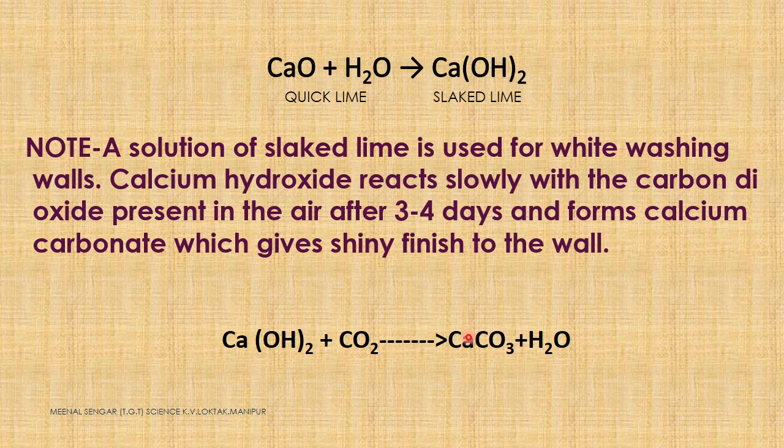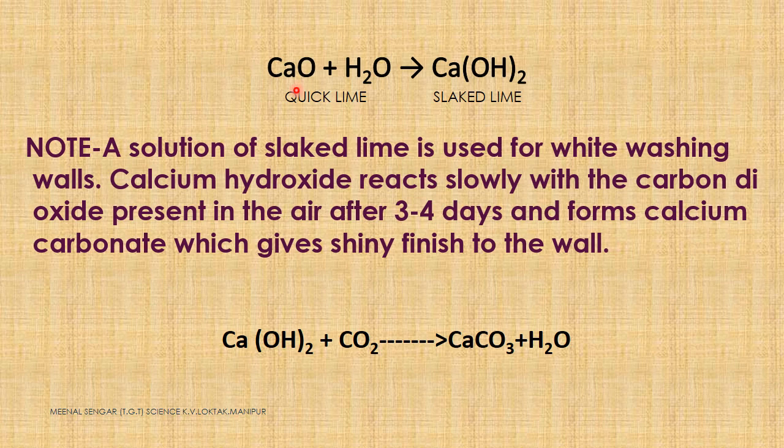When we leave that calcium hydroxide for 2 or 3 days, it reacts with the carbon dioxide present in the atmosphere and forms calcium carbonate. This calcium carbonate has a shiny appearance. That is why our wall shines. And water is formed, which evaporates slowly, and the calcium carbonate gives a shiny finish to the wall.